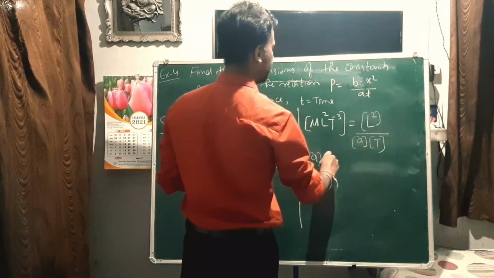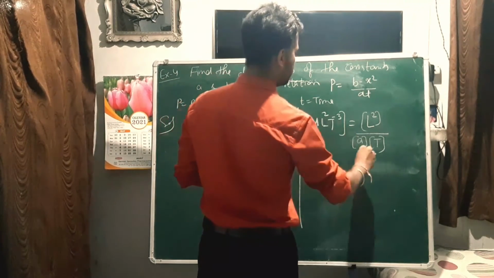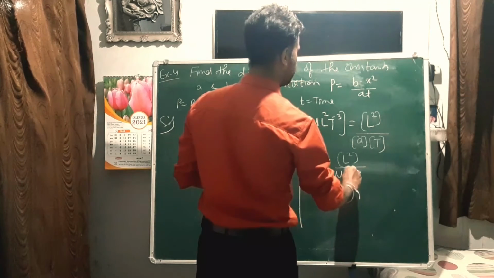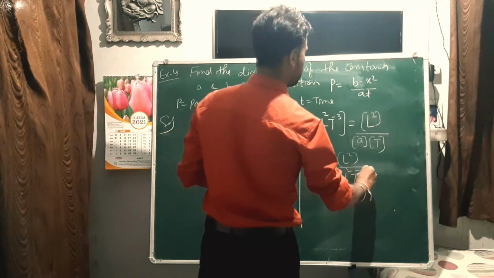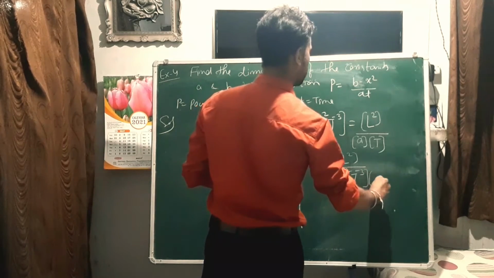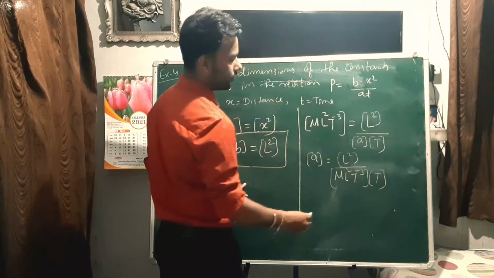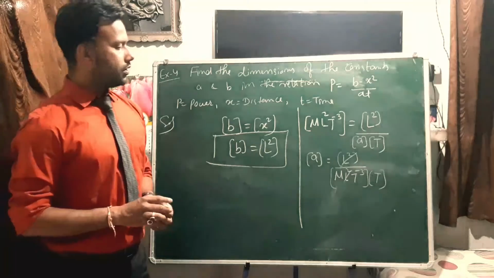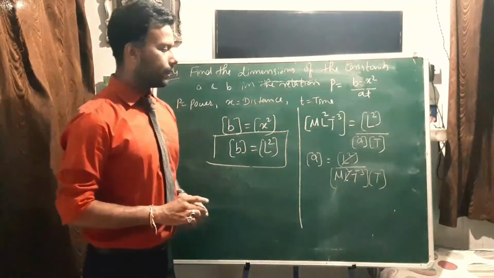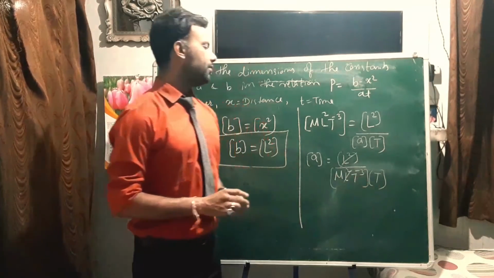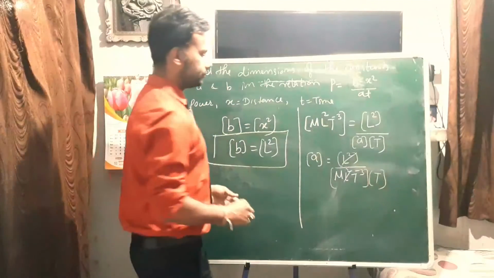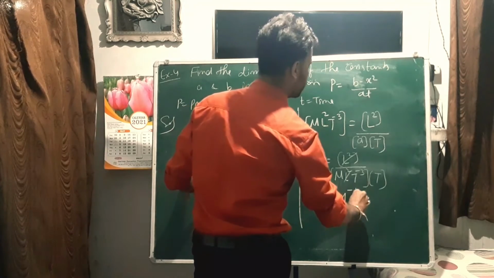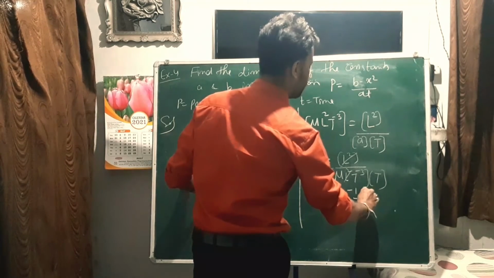So a will be L square upon M L square T minus 3 into T. You can see that this L square has been cancelled. We are left with 1 upon M T minus 3 and T. So this will become T minus 2. So the formula will be M minus 1 T minus 2. Dimension of a will be M minus 1 T plus 2.